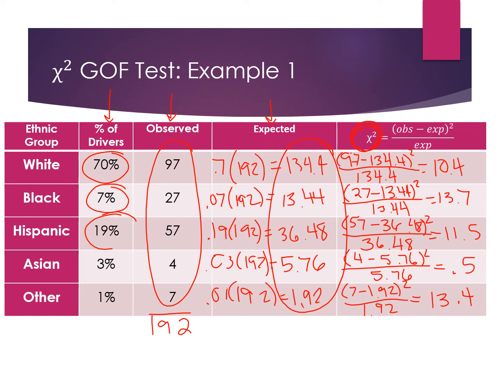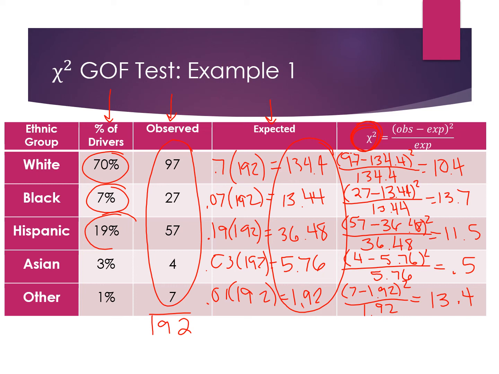All right, now let's talk about what these numbers actually mean. The way we're calculating them is by taking the observed value minus the expected value first. Basically, it's telling us how big the difference is between what you see and what you expect. In fact, if the observed and expected values were identical, your chi-squared value would be 0.